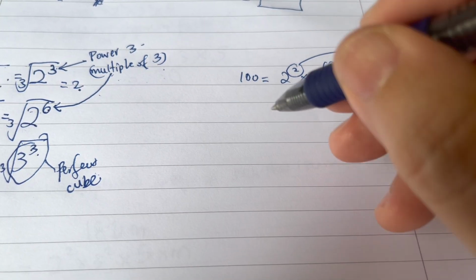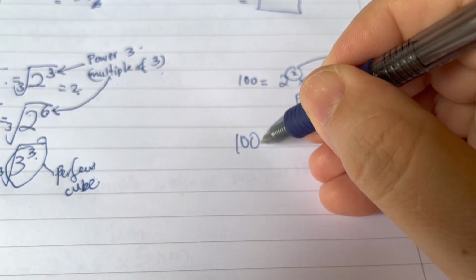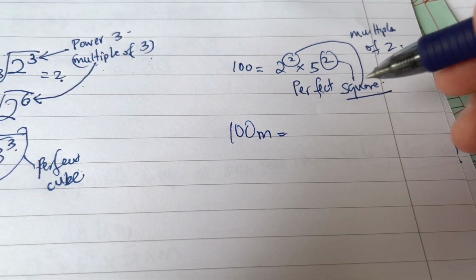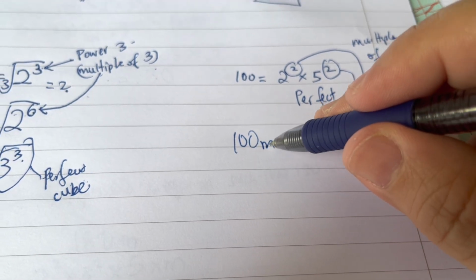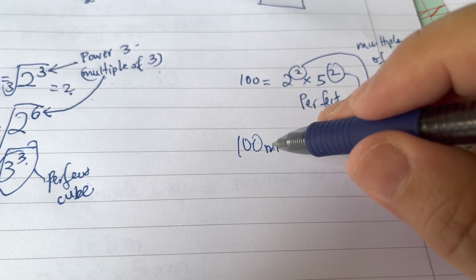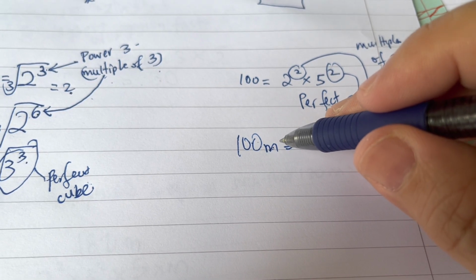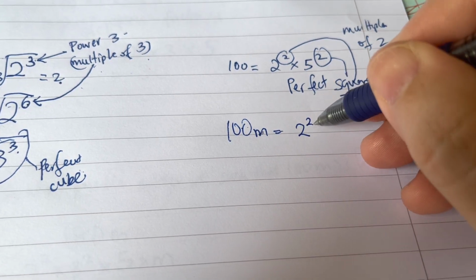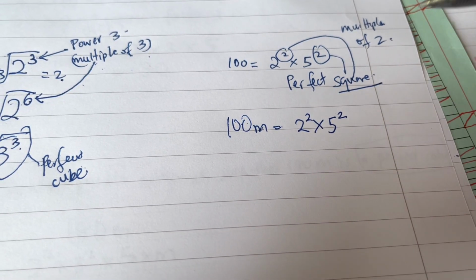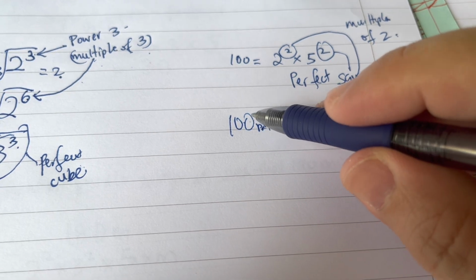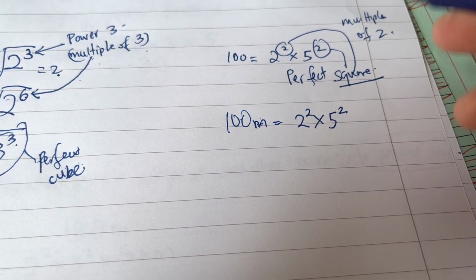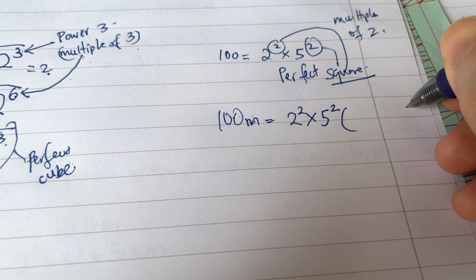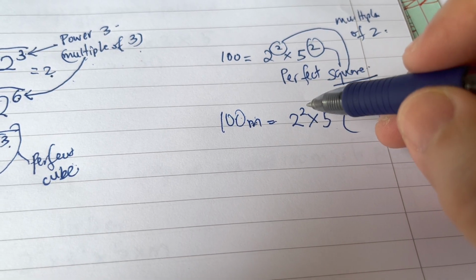But let's say now I ask you about 100m. What number should I multiply 100 by such that I get a perfect cube? So you think about it, this 100 is this, right? What should I multiply by so that I get a perfect cube?